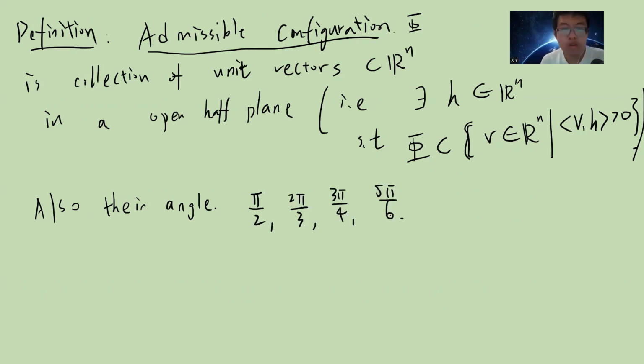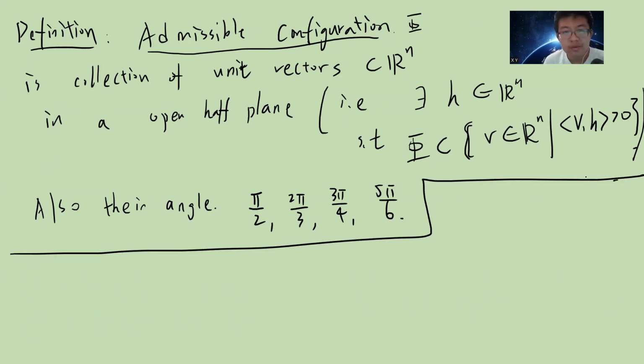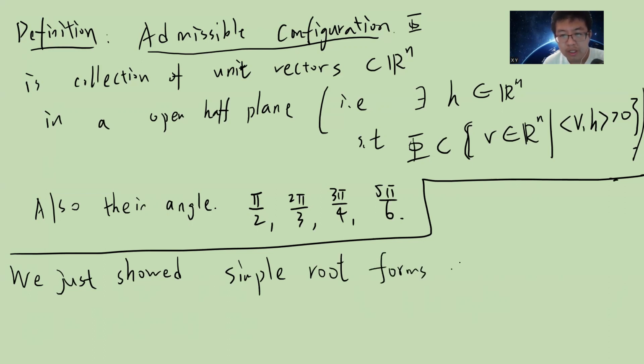Okay, so these are called admissible configurations. By the previous theorem, which we just showed, simple roots, after you do the normalization, form an admissible configuration.